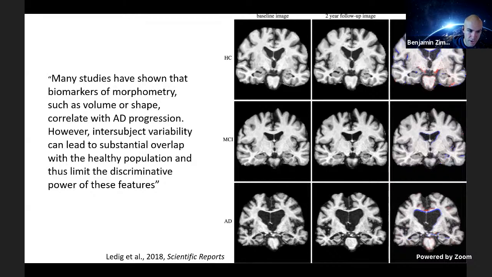However, intersubject variability can lead to substantial overlap with the healthy population and thus limit the discriminative power of these features. So not all Alzheimer's patients look like this. And finally, you can see that in all subjects, there are pretty subtle differences in their images, even over 2 years. Like these changes are really small and just on the border of some of the areas that we're looking at.